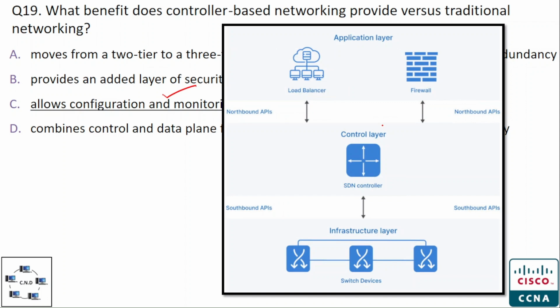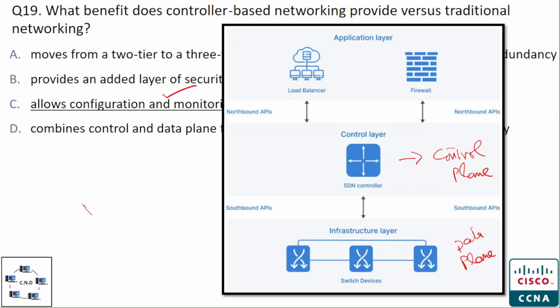So this is how controller-based networking looks. In controller-based networking, we have a distinct layer. This is, let's suppose, the control plane, or you can say the control layer. This is the data plane. In a traditional network, the control plane and data plane are on the same device.